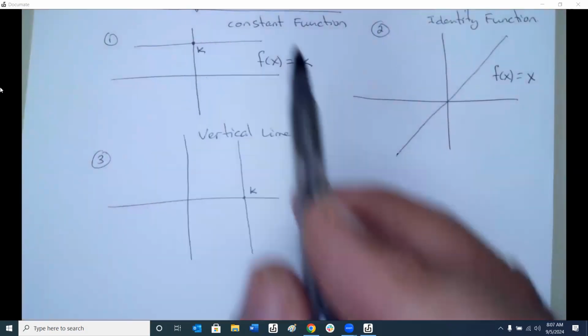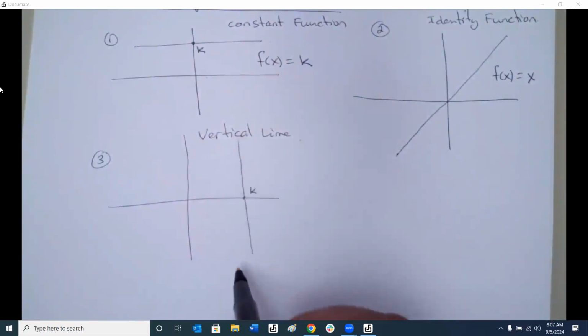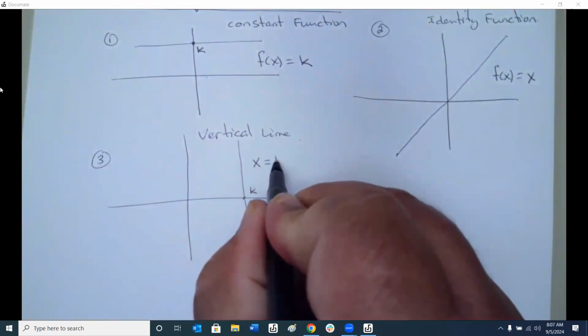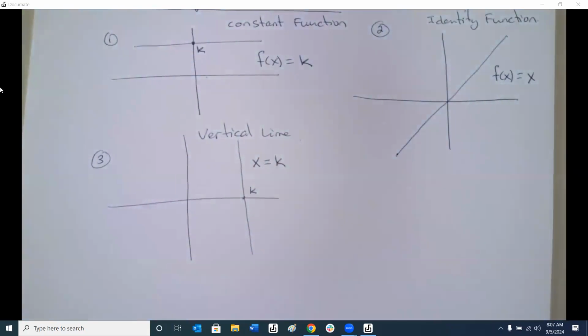For every x, there's only one y. This one, for one x, there's an infinite number of y's. This one looks like this, where k is some constant number.